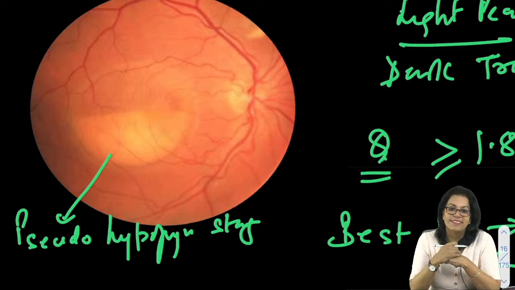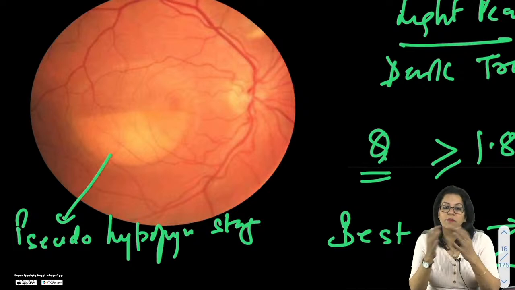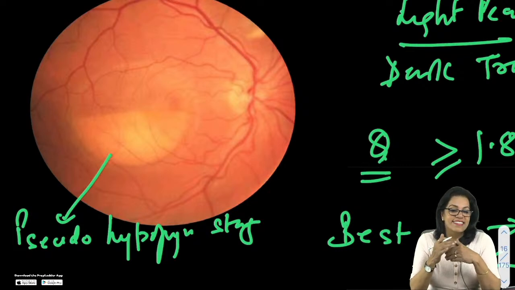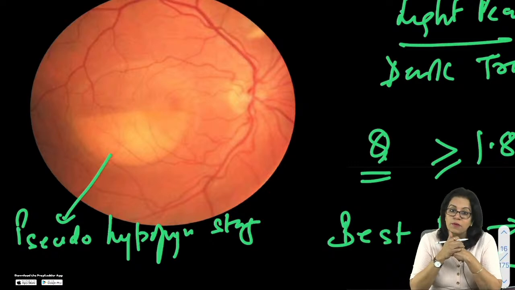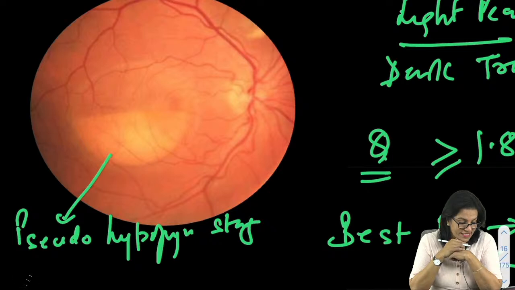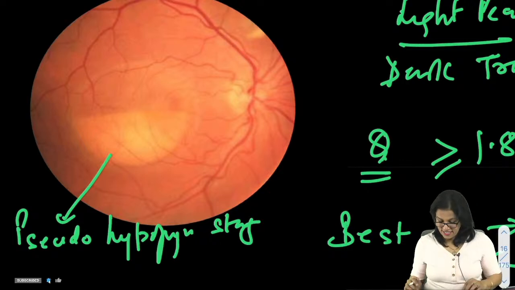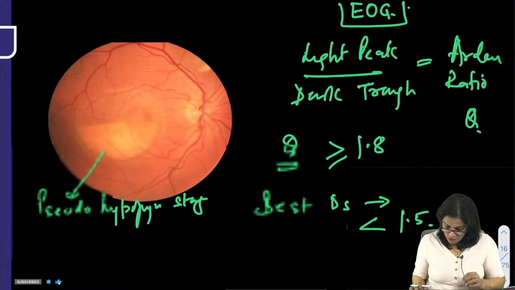Where else do you learn? This is a revision session, so I can jump to any chapter. This is a hint. Where else have you read pseudo hypopyon? Where do you see pseudo hypopyon? Come on, fast, quick. I'm waiting for the answer. Okay, so tell me this. I'm showing you the next slide.